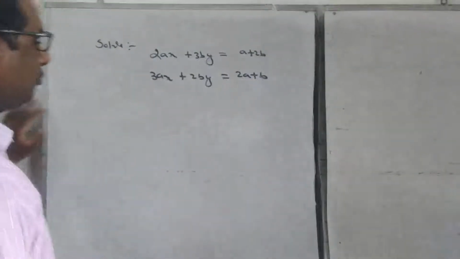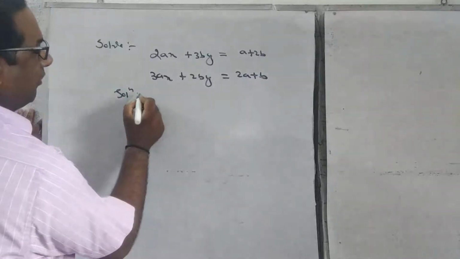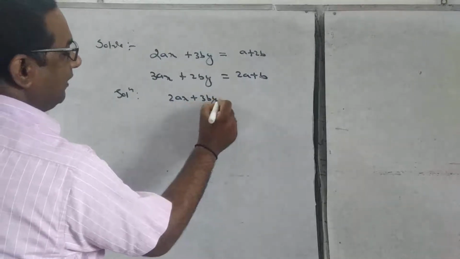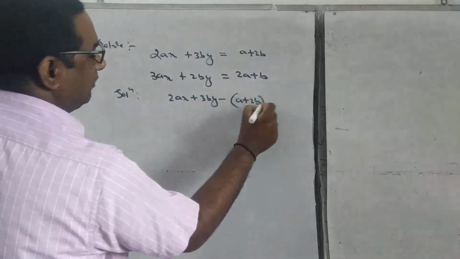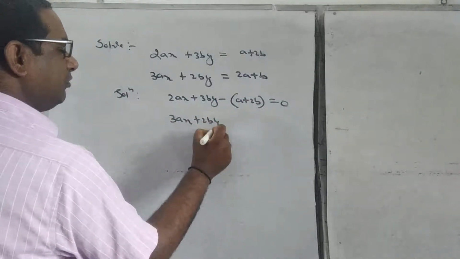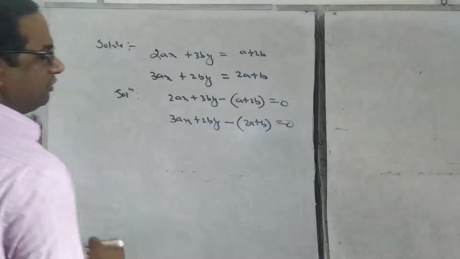So what do we have to do initially? Initially we must write in the form of a standard form. So 2ax plus 3by minus (a plus 2b) is equal to 0. 3ax plus 2by minus (2a plus b) is equal to 0.